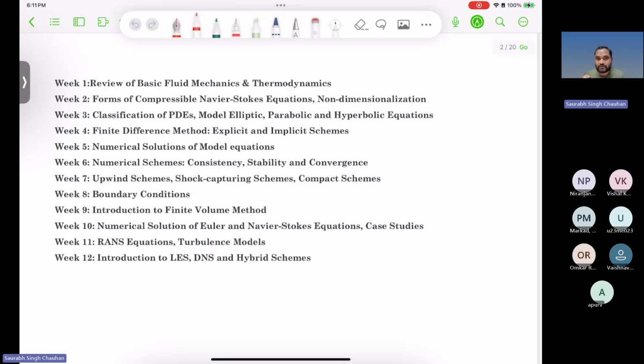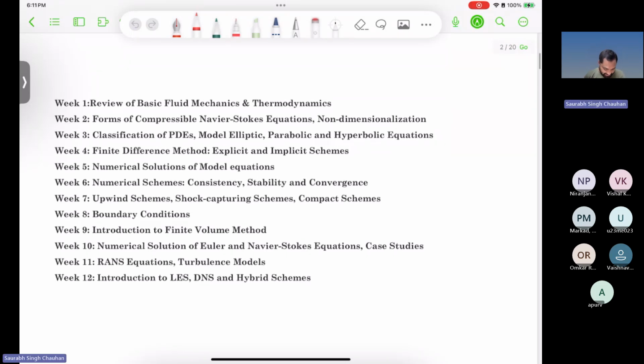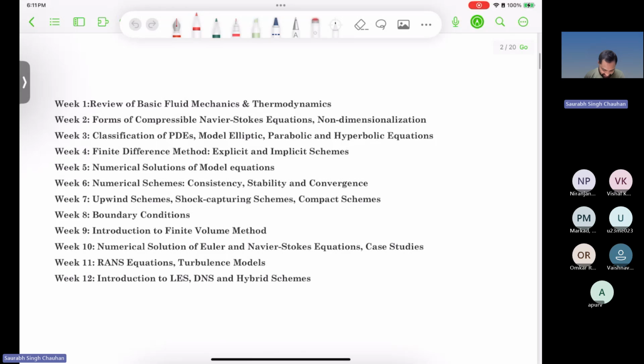Or I think we can start now. You might have gone through the course content and you can see that this is a very broad course. Starting from the very basics, it covers most of the concepts which are required for solving any problem using computational fluid dynamics.